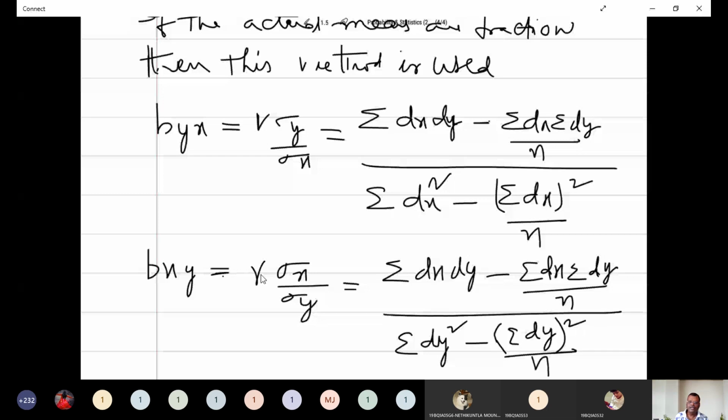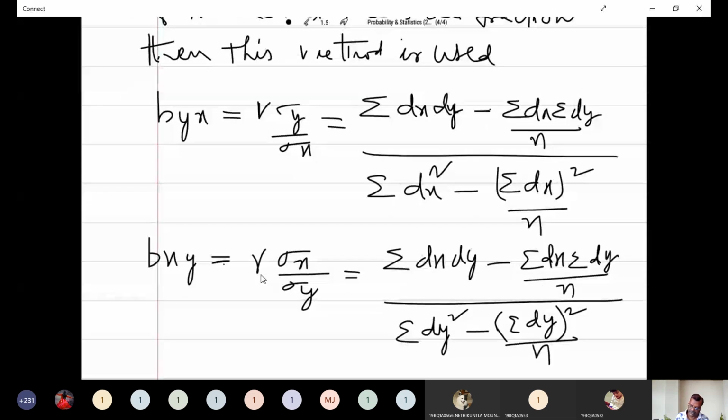And also the equation to regression line y on x is, as usual, y minus y bar is equal to r into sigma y by sigma x into x minus x bar. Similarly, the equation to regression line x on y is x minus x bar is equal to r into sigma x by sigma y into y minus y bar, right?